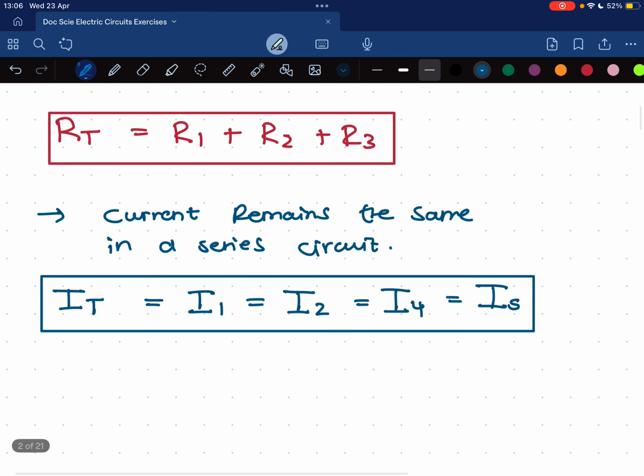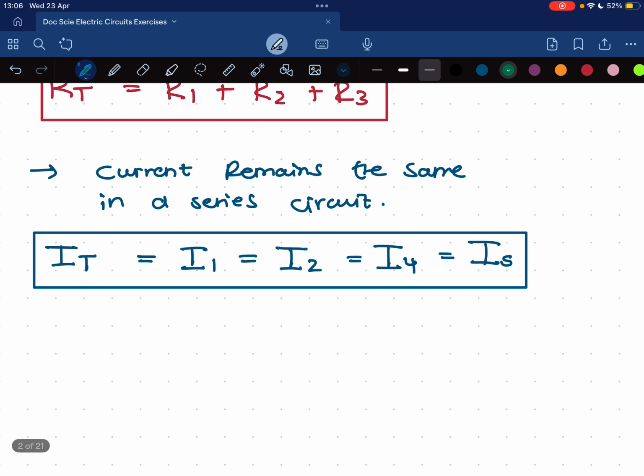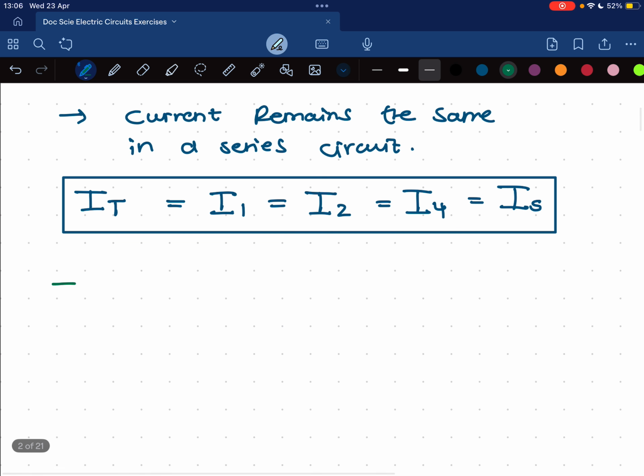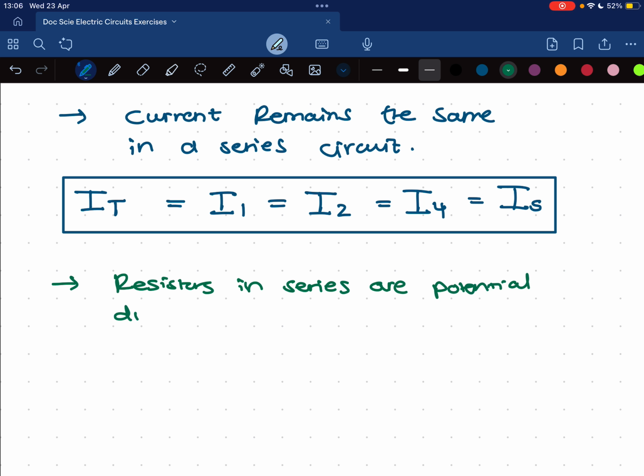But now, when we look at potential difference, resistors in series are considered to be potential dividers.